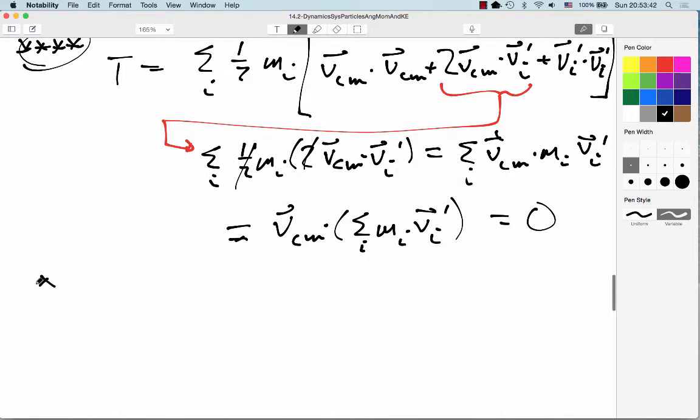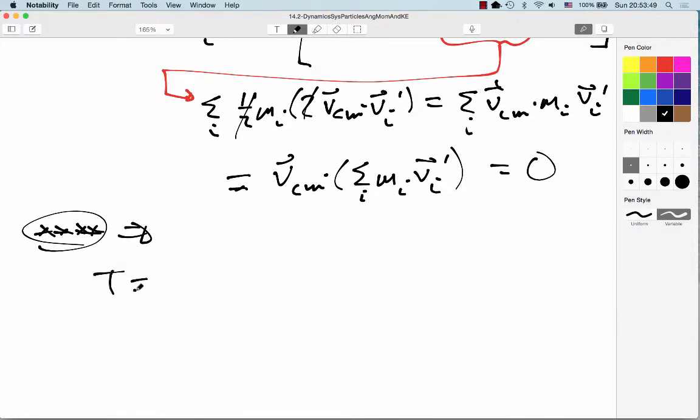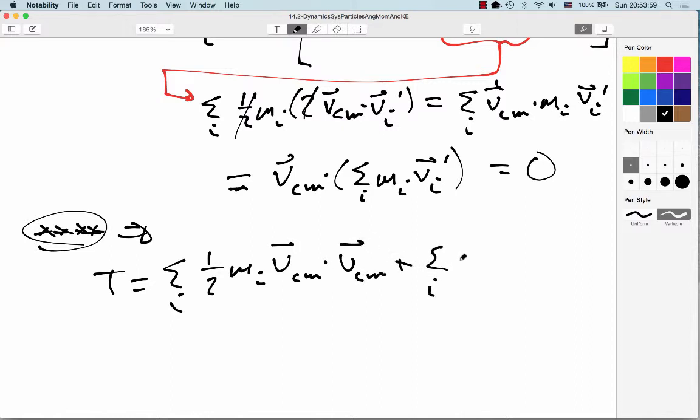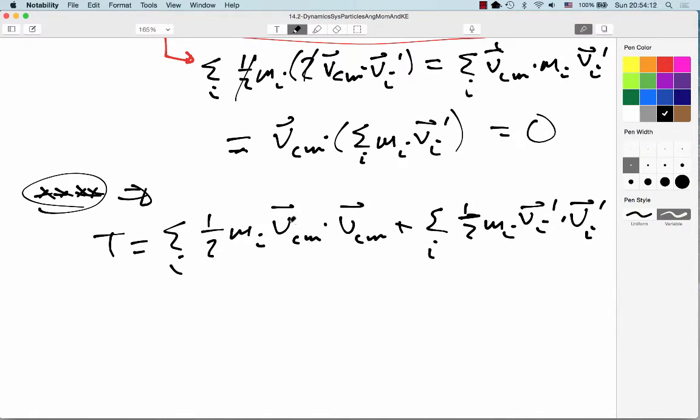All right, so then quadruple star becomes T equals the sum over i of 1/2 mi VCM dotted with itself, plus the sum over i of 1/2 mi Vi prime dotted with itself. Now here I can just go ahead and evaluate this. VCM dot VCM is just going to be VCM squared for every single iteration.